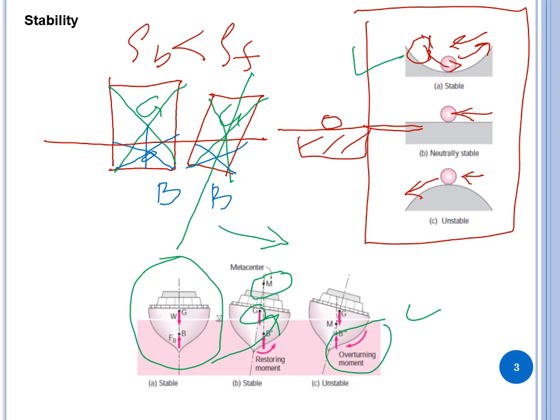It will turn right, but it will go back to its original position. Because of the inertia, it will turn to the left but come back again. So it oscillates, and after some time it will come back to its original position. If the metacenter somehow comes inside the fluid, then it will create an overturning moment and the system will become unstable.